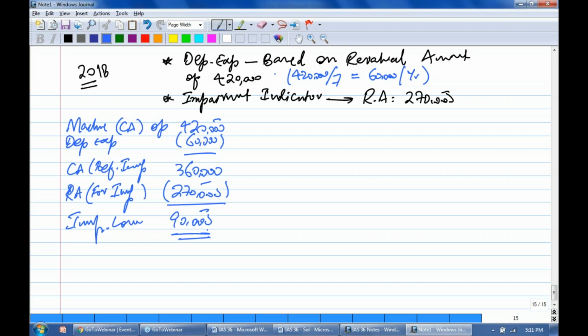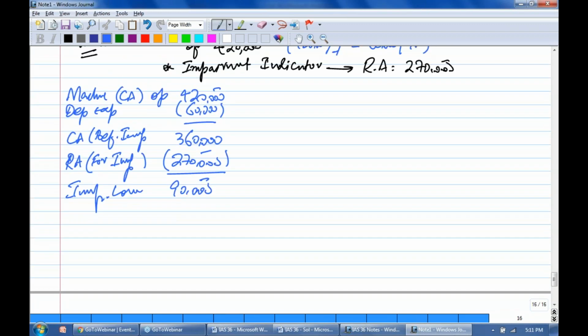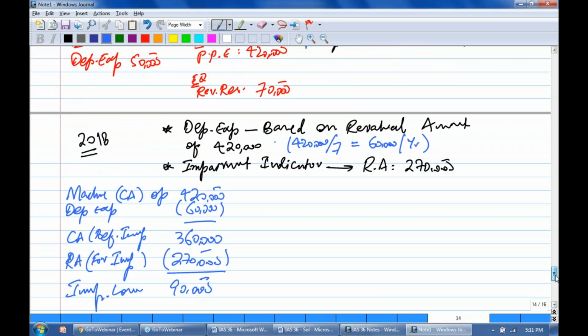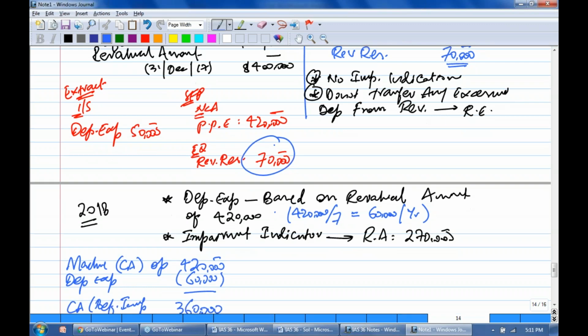Now the important point is that we are going to work out the impairment loss. An important point is that we allocate this impairment loss in a manner such that this asset already has some revaluation reserve of 70,000.